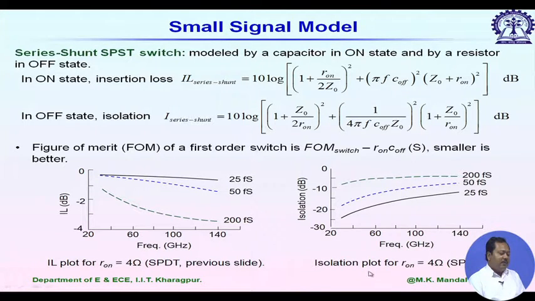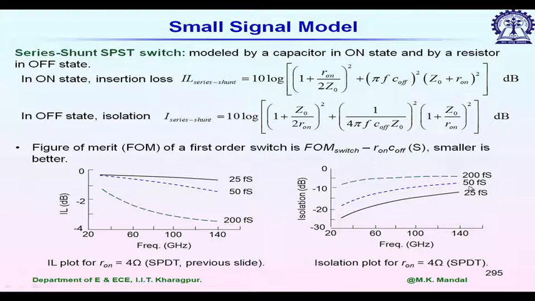Now, the right hand side figure shows the variation of isolation. For 200 femtosecond, at 30 gigahertz we have at least 7-8 dB isolation, but at 140 gigahertz it is less than 5 dB. We do not have any isolation.